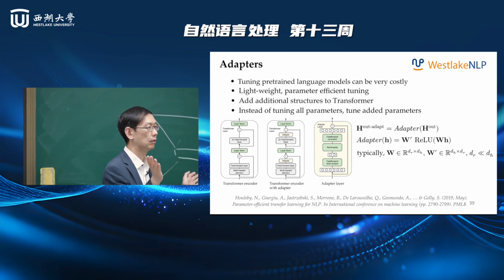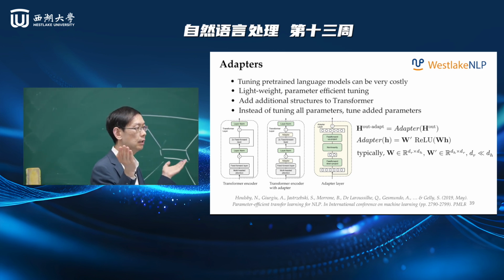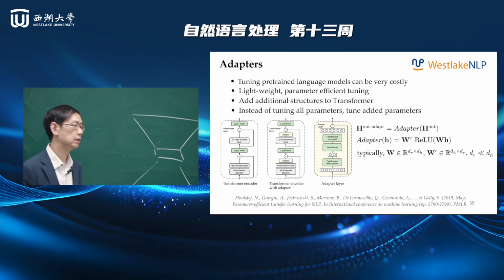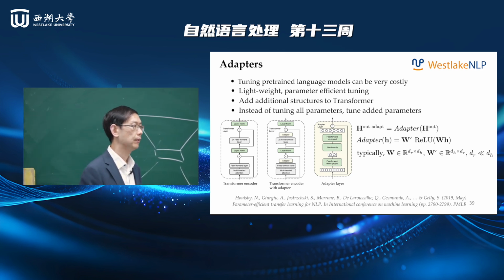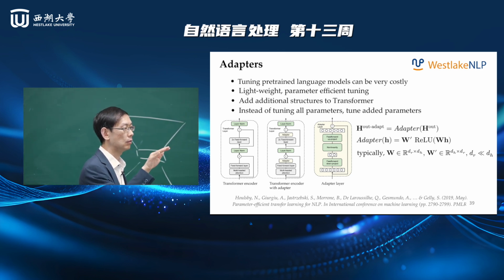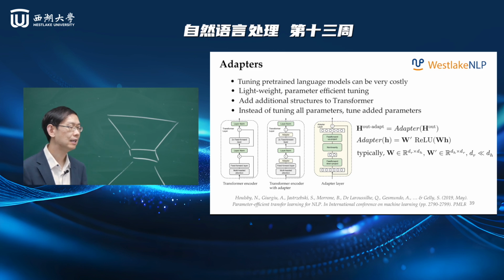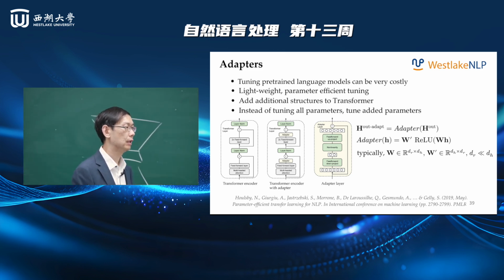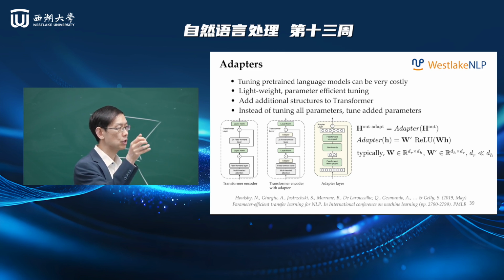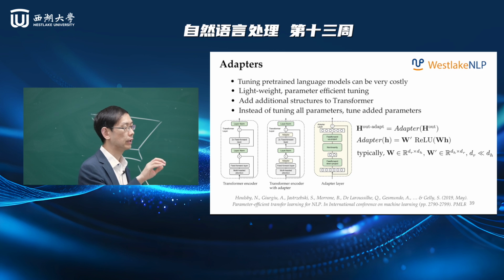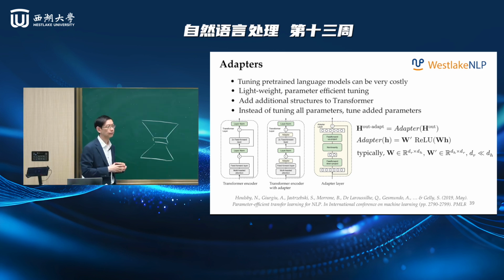The second matrix is a dimensionality increasing matrix. It has more columns and fewer rows. So when you multiply this matrix with the small hidden vector in the middle, you recover the original dimensionality.